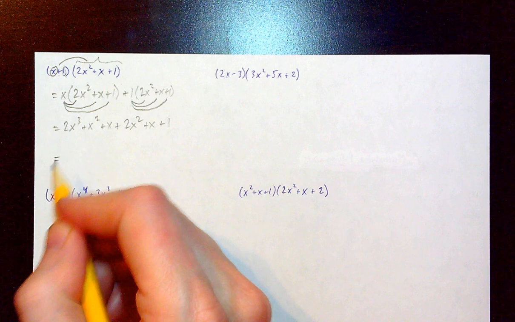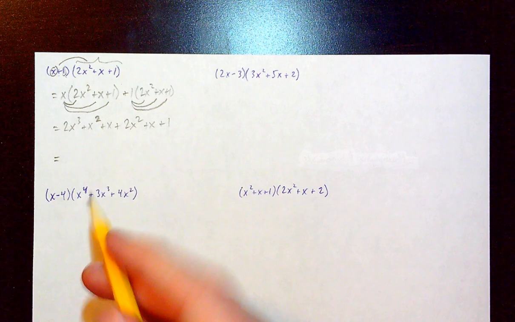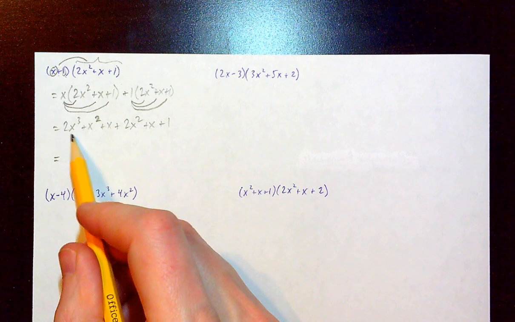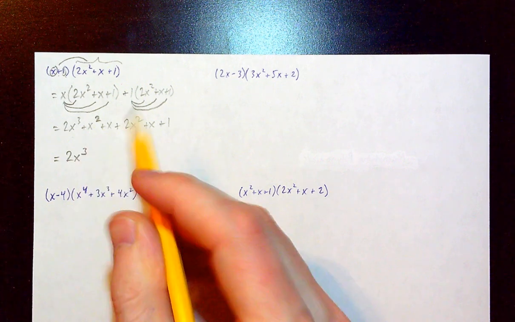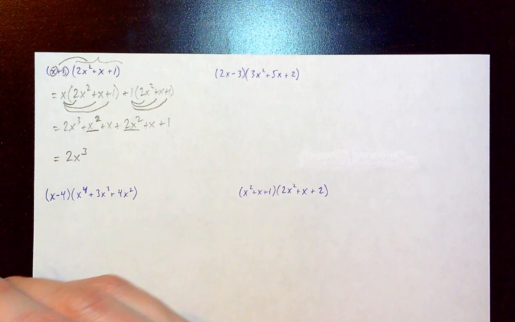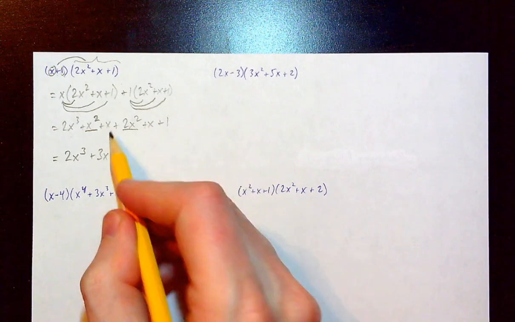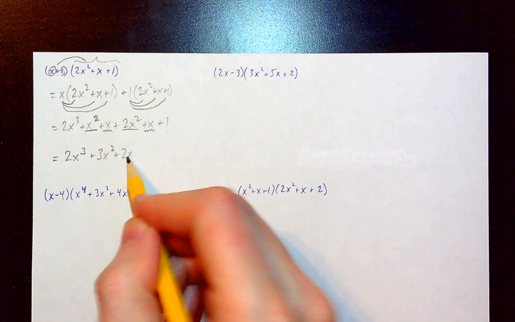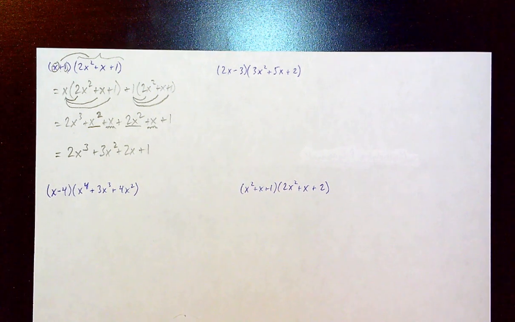So now, can we combine any of these like terms here? I have the 2x to the 3rd all on its own. There's no other x raised to the 3rd power here, so that just has to come down. I have a plus 1x squared plus a 2x squared. It gives me plus 3x squared. I have a plus x and a plus x to give me plus 2x. And then I have the plus 1 at the end.